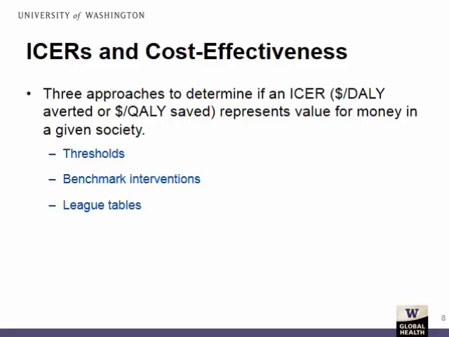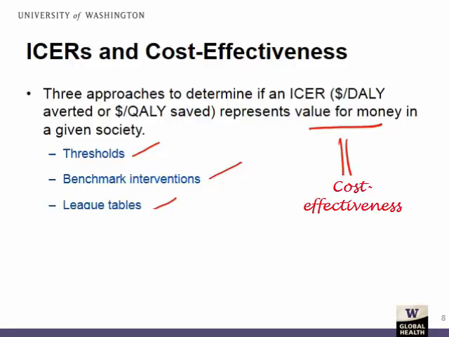So there are 3 approaches to determining if an ICER in costs per DALY averted or cost per QALY saved represents value for money or is cost effective. And those 3 methods are thresholds, benchmarks, and league tables. And we'll speak about each of them one by one.